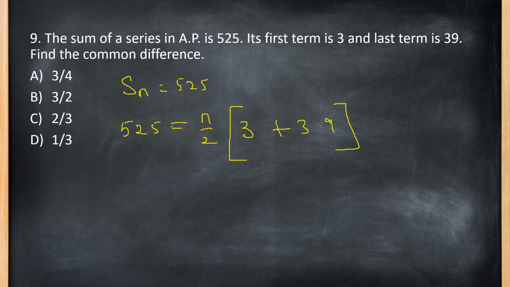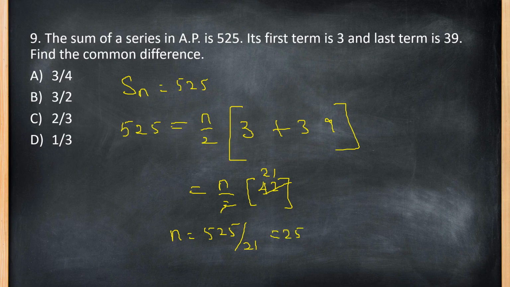So 3 plus 39, this is 42, n by 2 into 42. So 42 if I take, this is 21, and n should be equal to 525 divided by 21, and that gives you 25. So the value of n is 25.